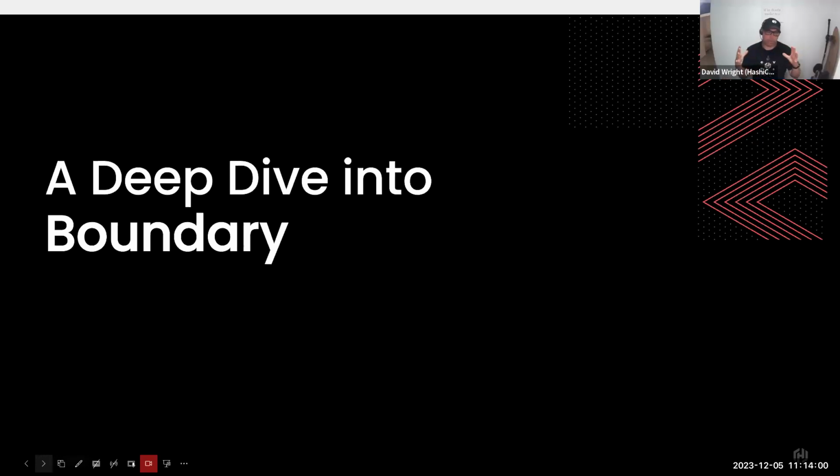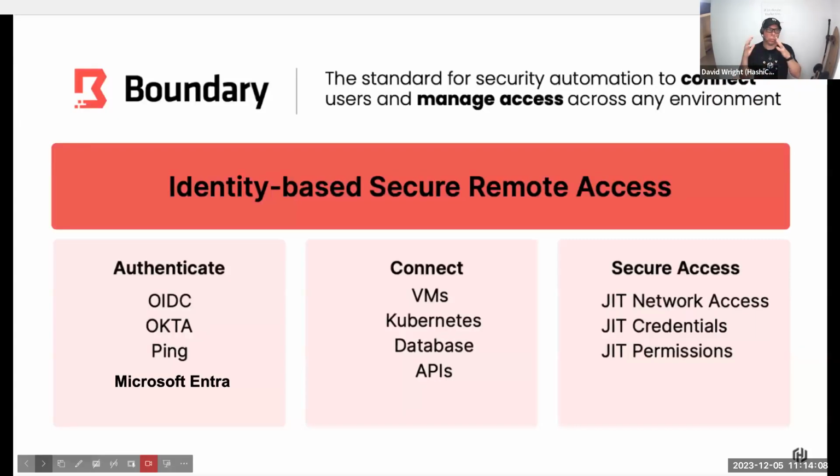So Henry set a good scene around how identity is a key factor when considering the zero trust story. And so where does Boundary fit into that story? Well, Boundary takes an identity-based principle around secure remote access. And this is access specifically for human use.